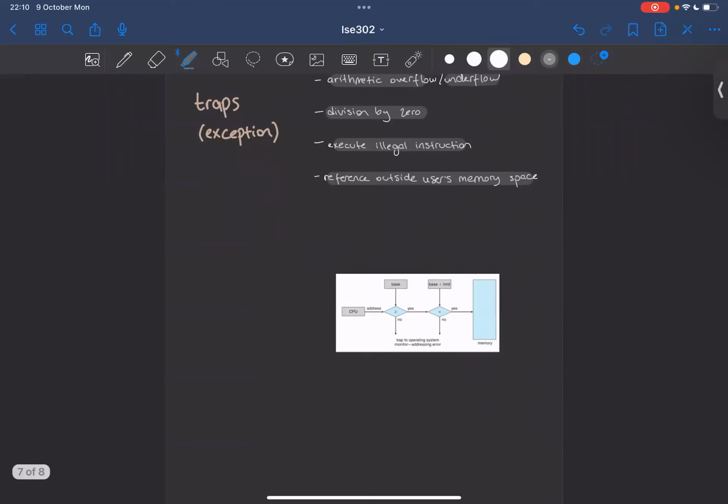This signal can also be intentionally created by the program itself using a special instruction. When a trap occurs, it switches the system into kernel mode to handle the problem and prevent bigger issues.